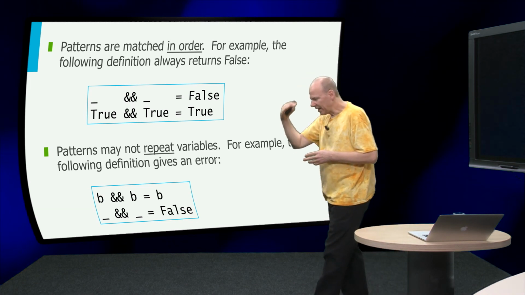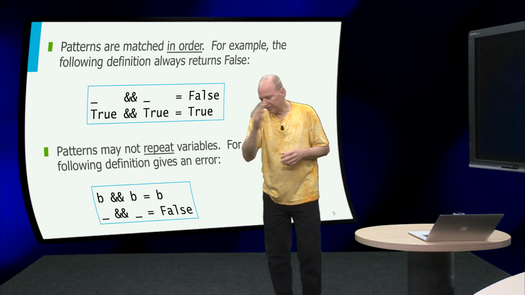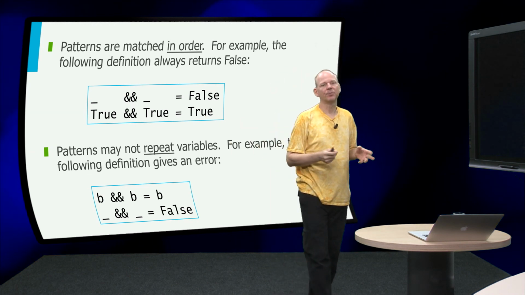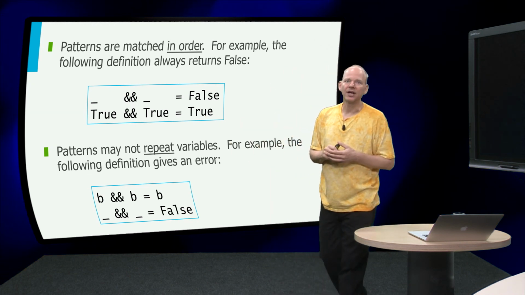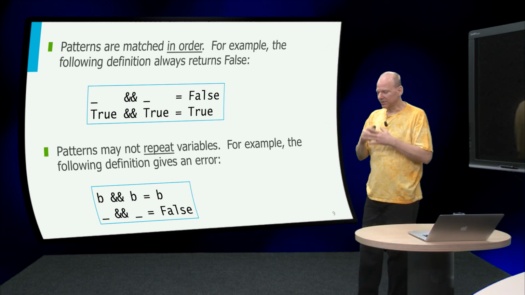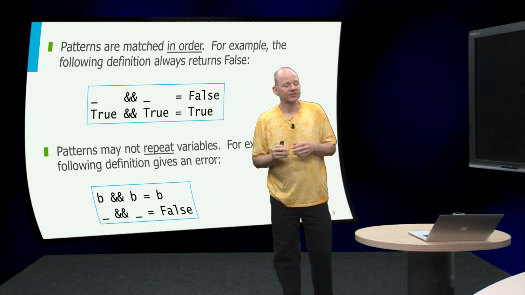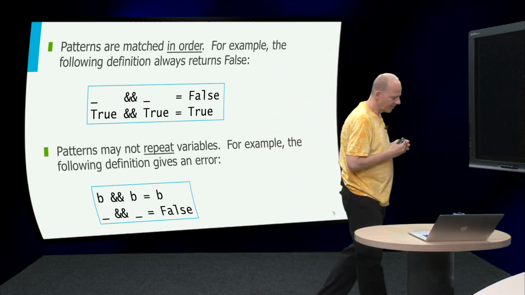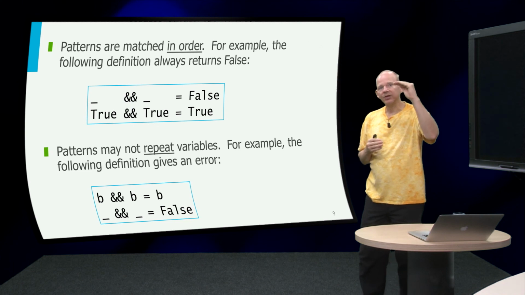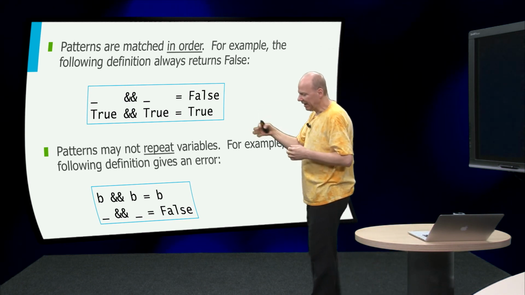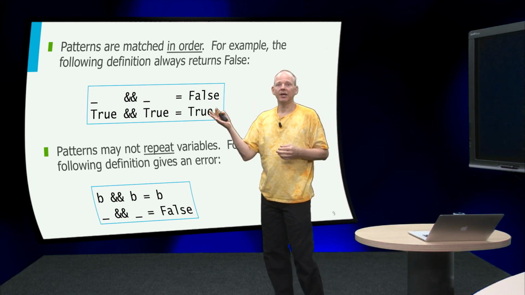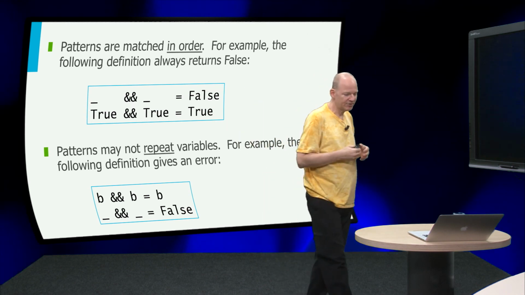So they're matched top to bottom, left to right, or left to right, top to bottom, if I'm really precise. And so the compiler does not try to rearrange the patterns to make them more optimal, because the order is important, and you can intermix pattern matching with guarded equations.